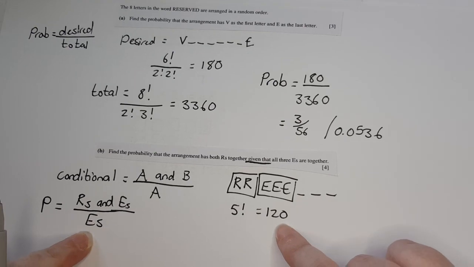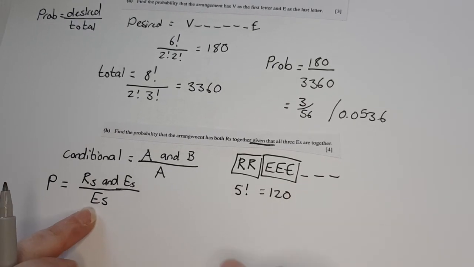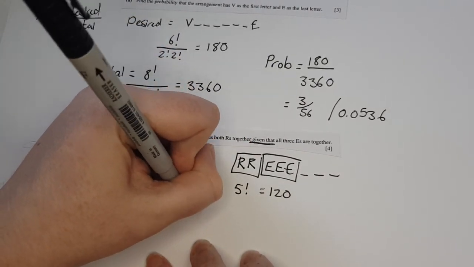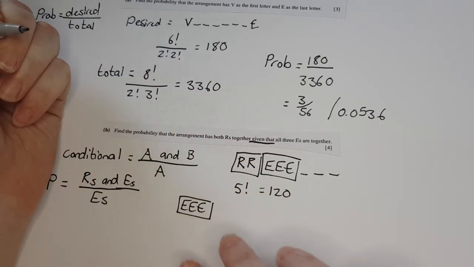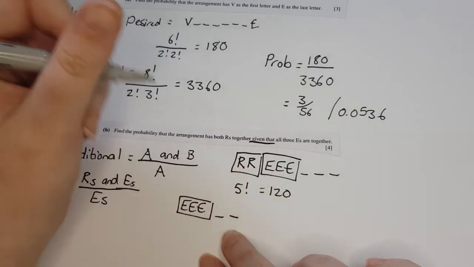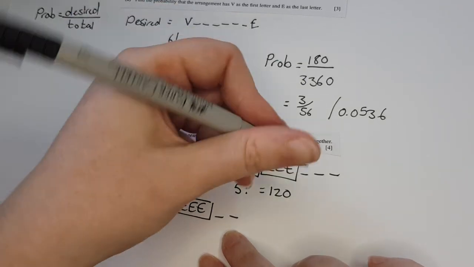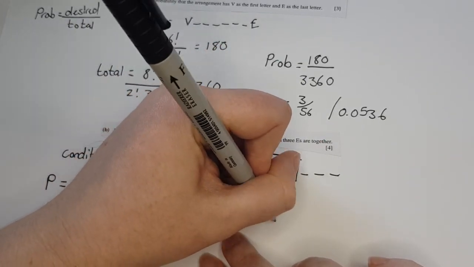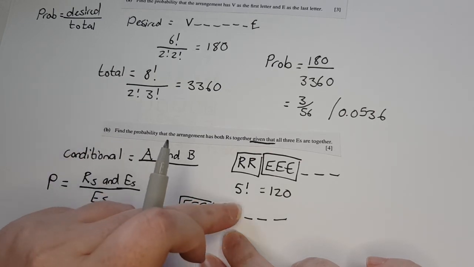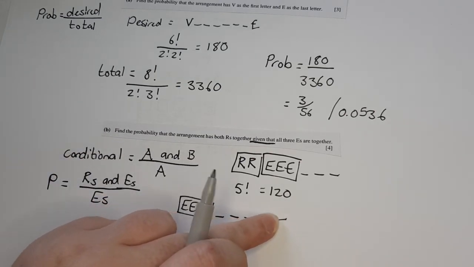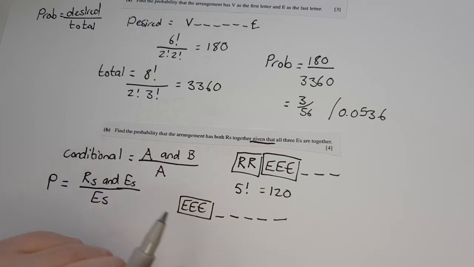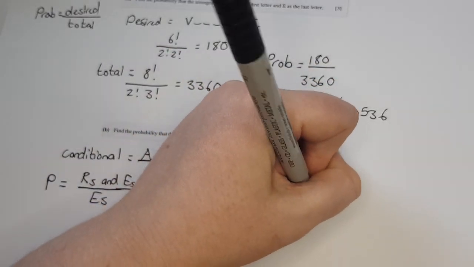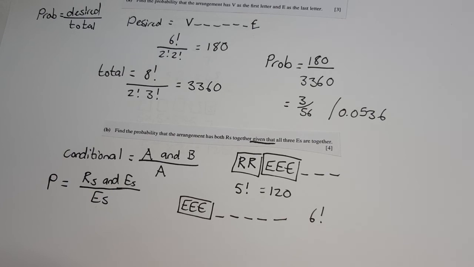And then we're going to divide that by just the E's together. So if we have just the E's as one thing, then we still have place for our R, our S, our R, our V, and our D. So we have 1, 2, 3, 4, 5, 6 different things now, because the E's together count as one thing. So we say 6 factorial. And then we want to remove the repeats. So the E's, just like before, they're separate as one thing, so we don't need to remove them.